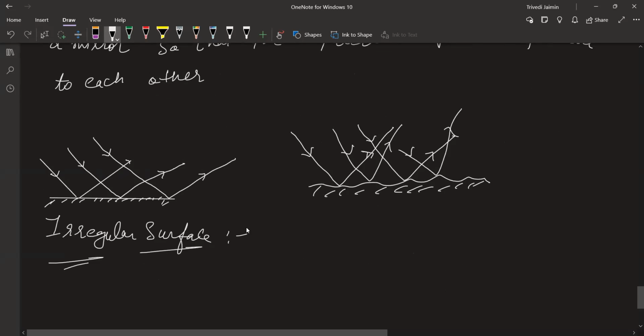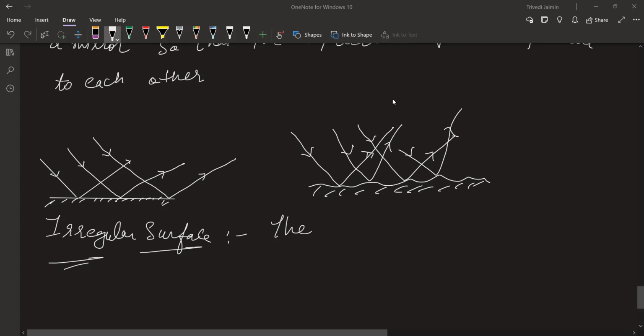Sir, but the angle of incidence and angle of reflection will be the same with respect to the surface? Exactly, very good. Let it be whatever surface it is. Very good point. The angle of incidence and reflection will be the same because that's the law of reflection.